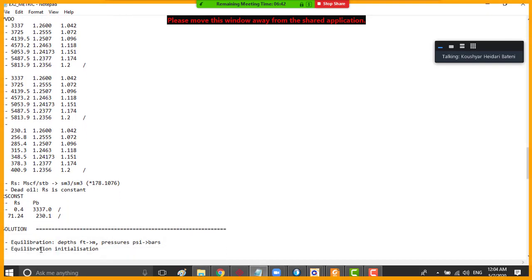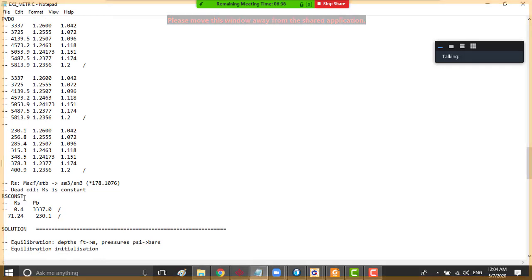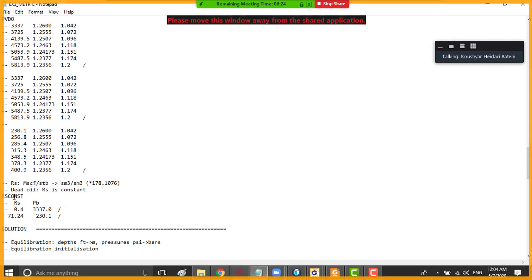Now, the last keyword that you see here is RS const, right? What does that mean? RS here is the amount of solution gas that you have, okay?